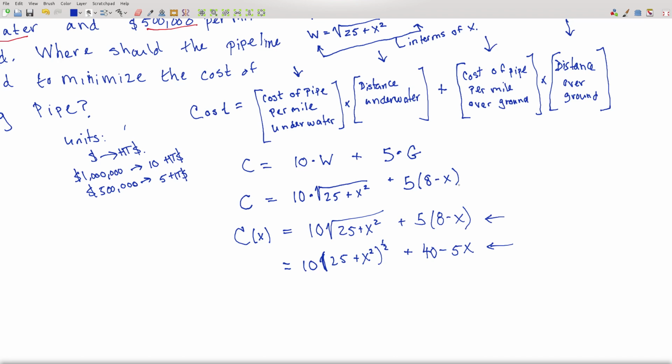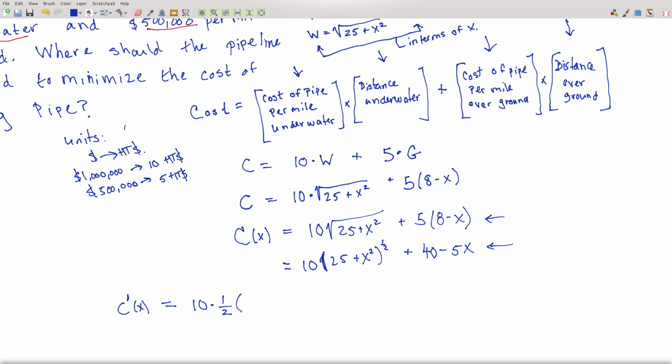Okay, very good. Let's go ahead now and find the derivative, c prime. So c prime of x is equal to a 10 here, times, this is the power rule along with the chain rule, so bring down the 1/2.